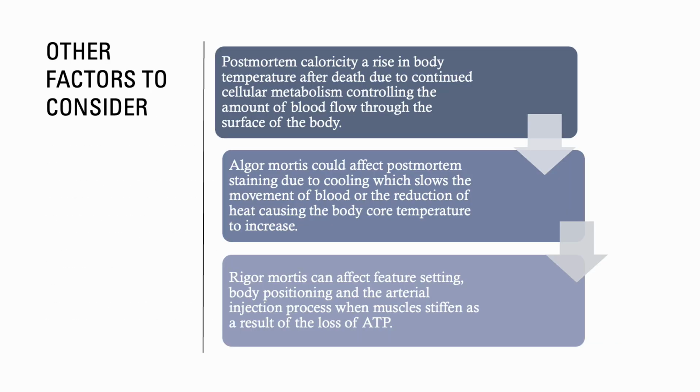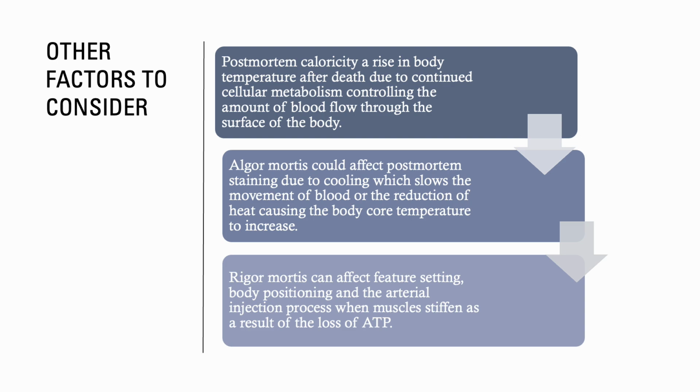Other factors that are associated with postmortem staining consist of postmortem caloricity, again, which is the changing of the body temperature based on environment. This could be either hot or cold, and it's important to note that after a few hours, the body's temperature will become cool to the temperature of its environment.